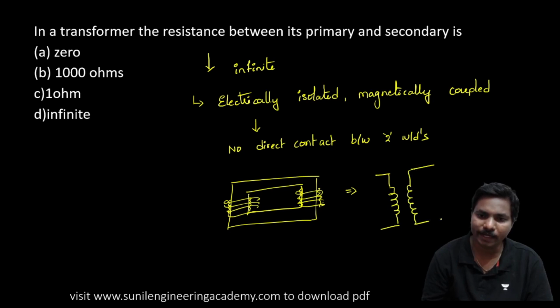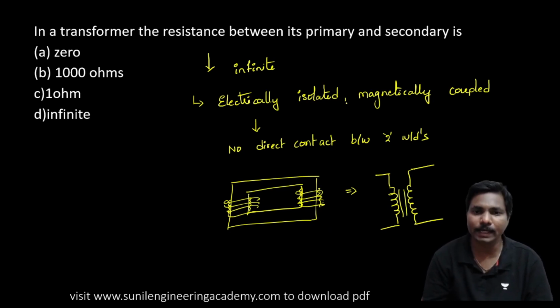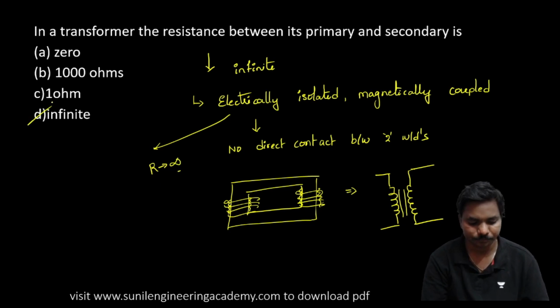So there is no direct connection. Here we are giving a magnetic core, so through the core only the flux is transferred, which means energy is conveyed from primary to secondary. Electrically isolated means no connection, so the resistance is infinite.